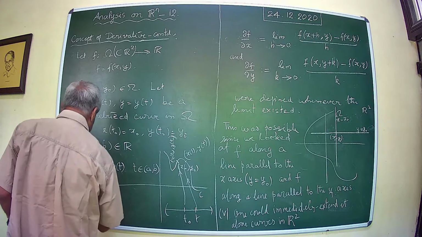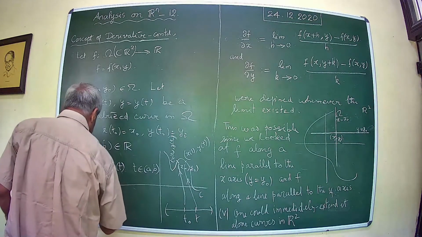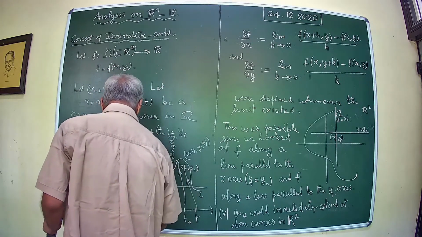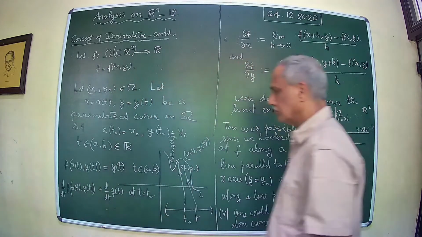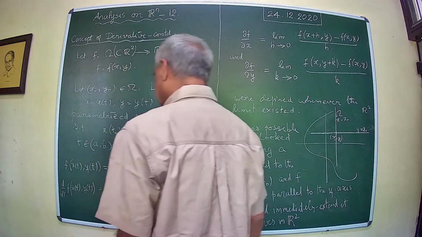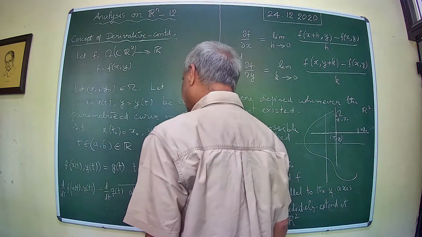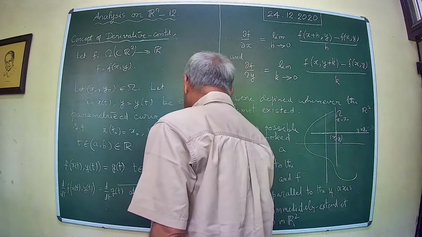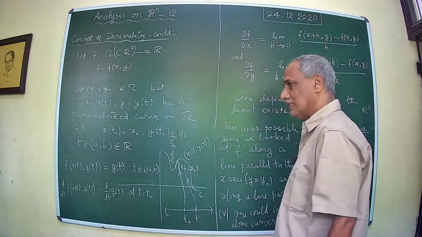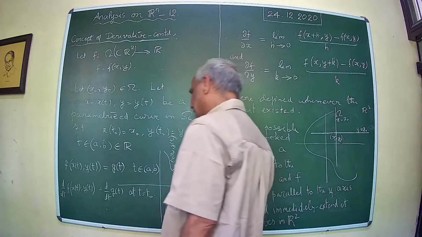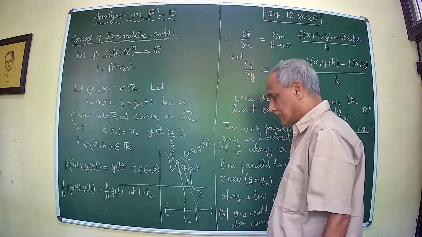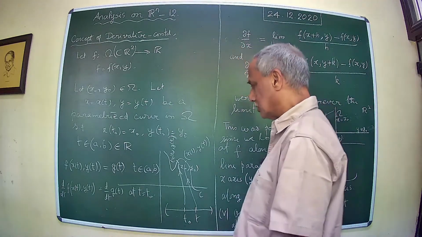Which is equal to d by dt of g(t) at t. Now this is what you want to find out, and you can define this. This is well defined because the increment comes over here. You are talking about g(t naught plus h) minus g(t naught), divided by h, and the limit of that as h tends to zero.